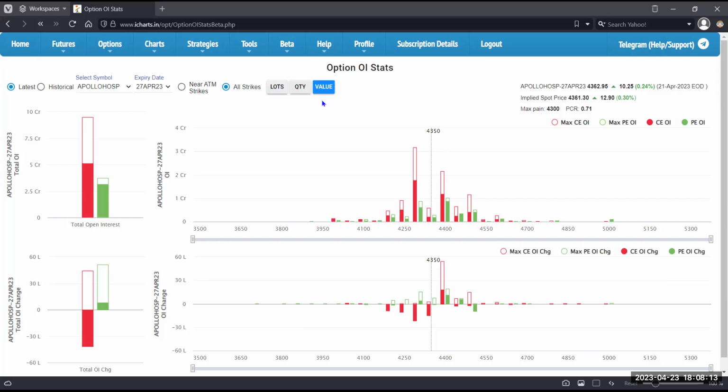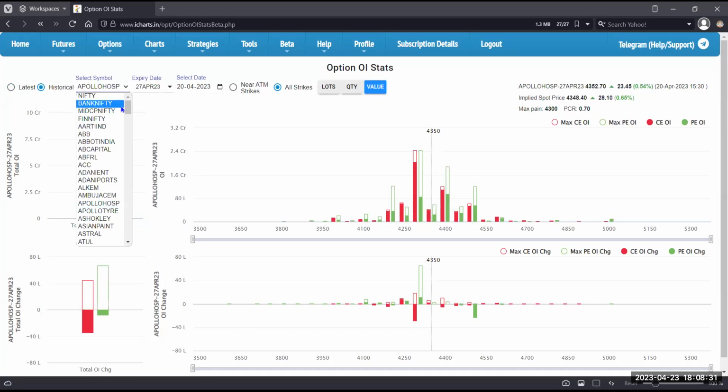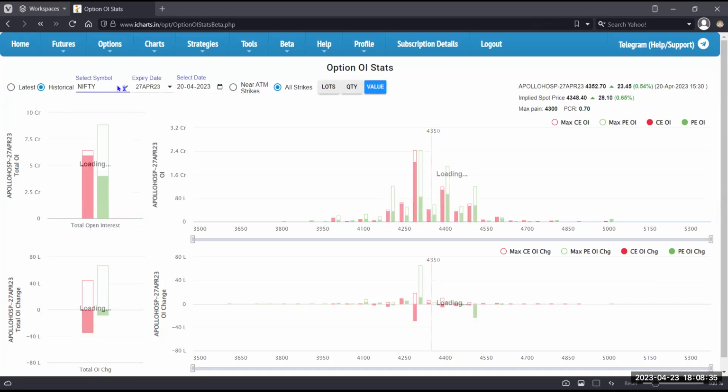I use this OI stats heavily, even the older version of this. If you go to historical and see towards the March end what the build-up was for Nifty or Bank Nifty, both basically.